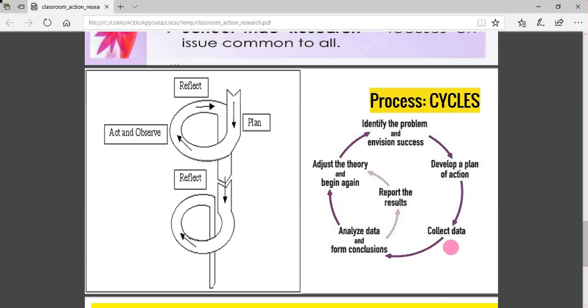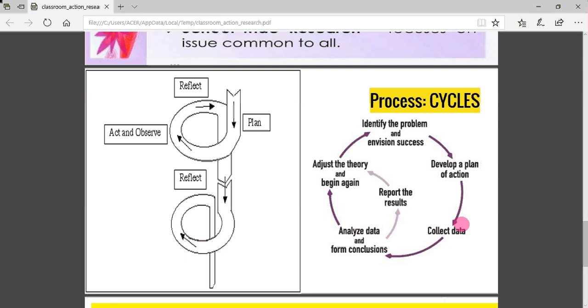After that, you can collect the data from the students. The data here is similar to other research, in experiments and, for example, in correlational research. The data is based on the problem. When the problem is speaking skill, you go for data in terms of speaking skill, for example speaking performance and the speaking test.